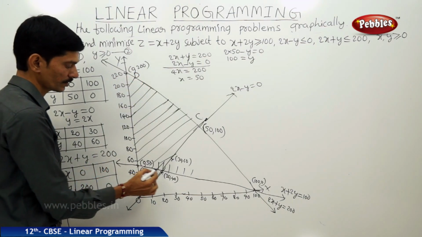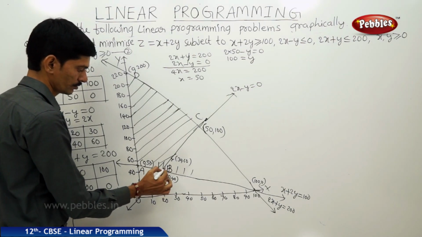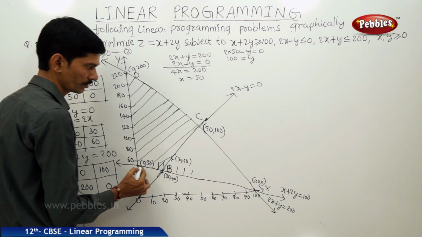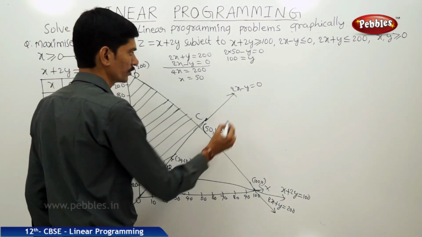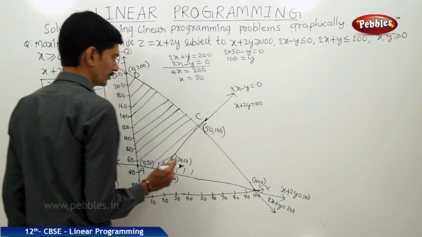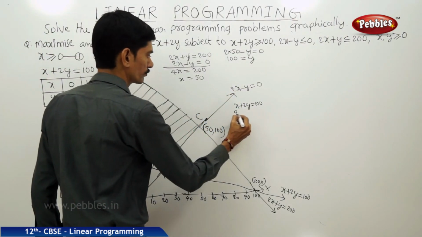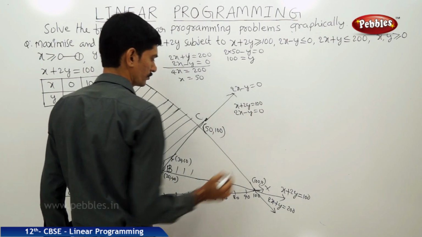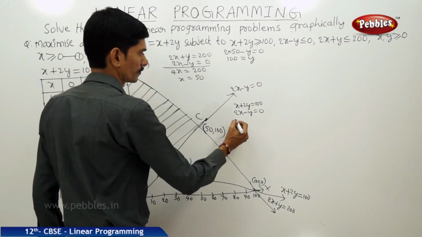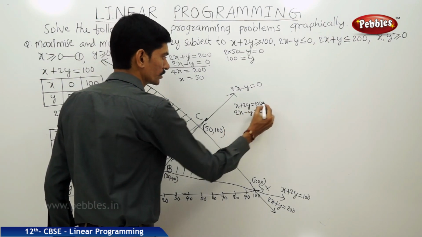Now to find the coordinates of B, let us solve these two equations. So this equation is x plus 2y equal to 100. And the next equation is 2x minus y equal to 0.